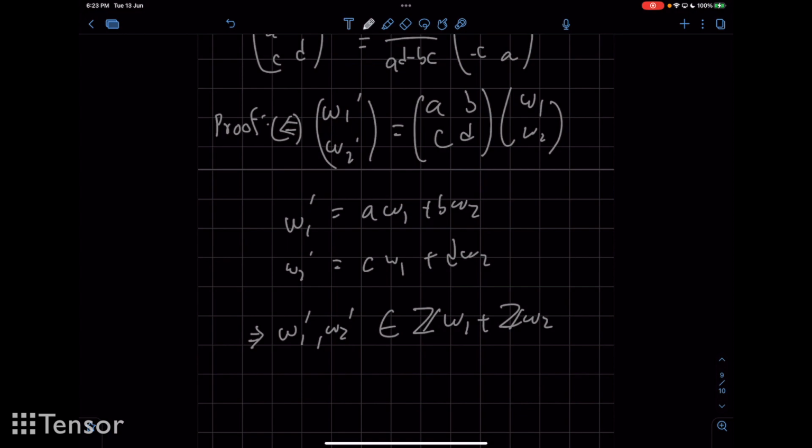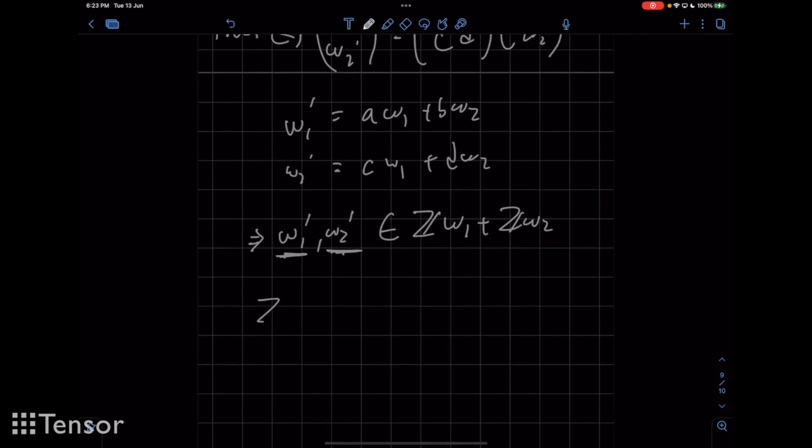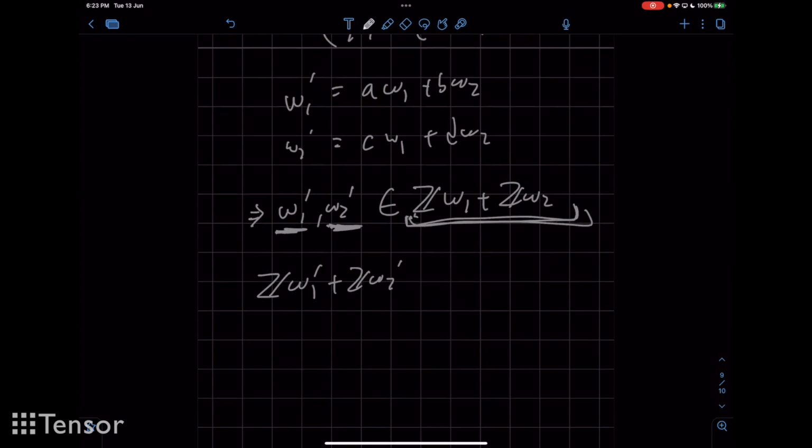And the lattice generated by omega 1 prime and omega 2 prime, Z omega 1 prime plus Z omega 2 prime, is an additive subgroup of C. So if these two elements are in this group, then the group generated by these two elements is also in it. So this implies that this is a subset of this.